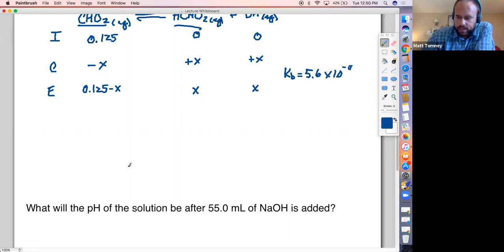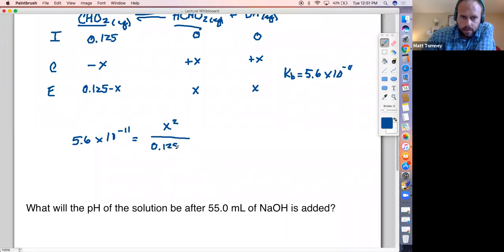Now that's important because I'm going to set this equation equal to that. So 5.6 times 10 to the minus 11th is equal to x squared over 0.125 minus x. Now, you can try the quadratic, but because of time, and because this is the way you should be executing this on exams, we do the 5% rule.